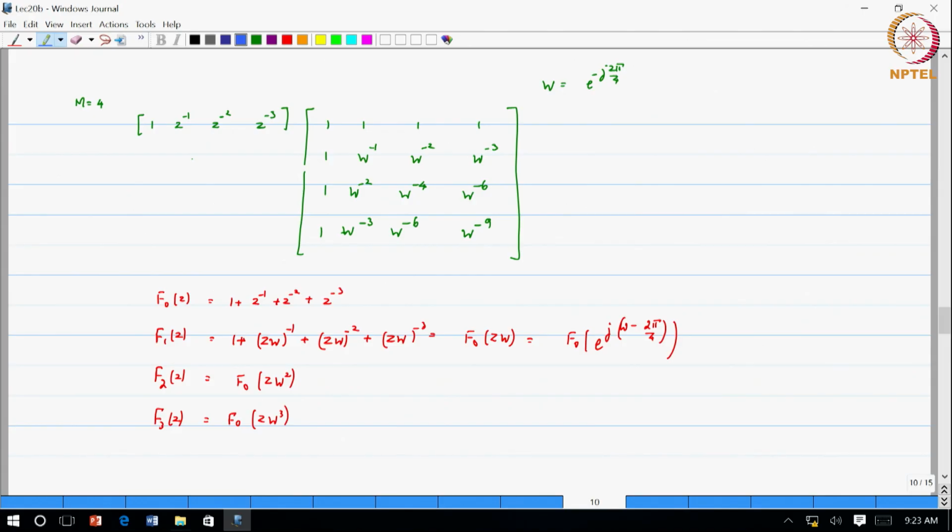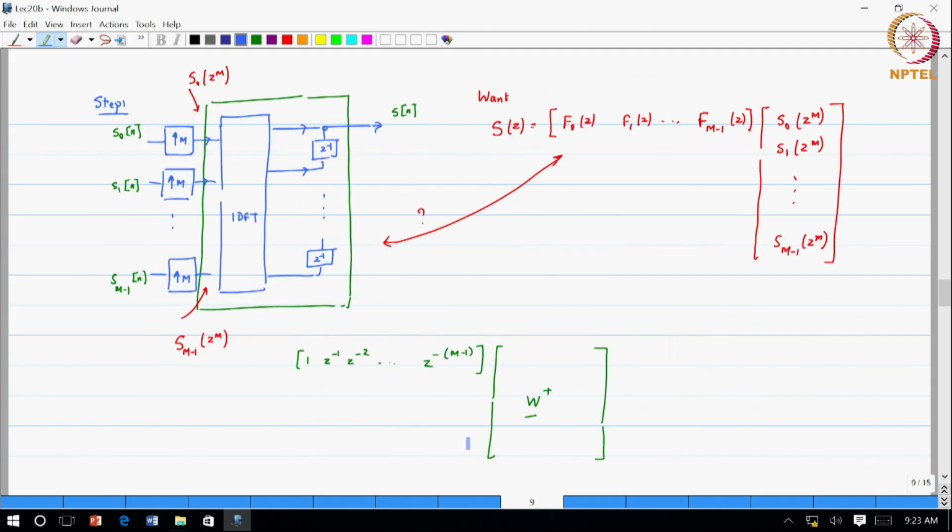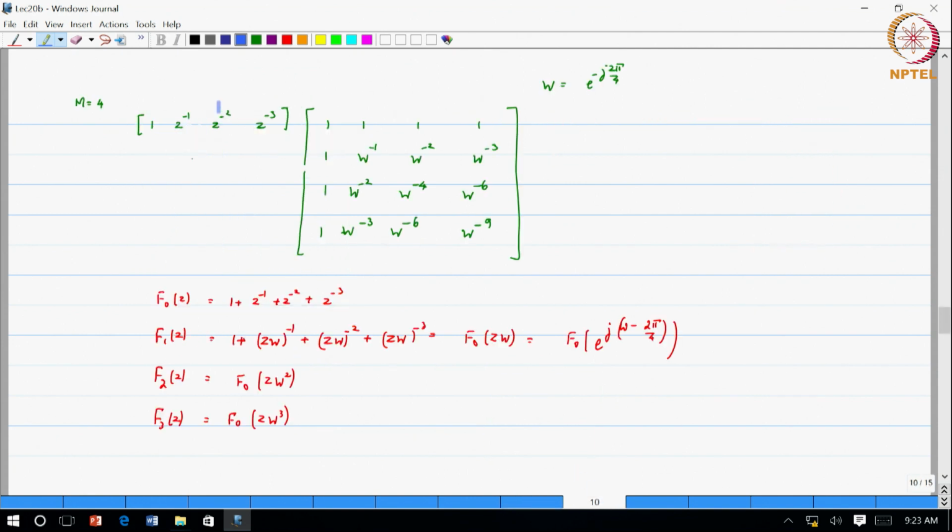So, basically if you look at this operation, if you apply a vector as input to the IDFT block, the vector gets operated on by the IDFT, and what comes out is a column vector, and that gets combined into a scalar using the delay chain, right.